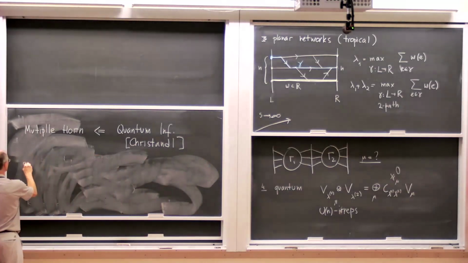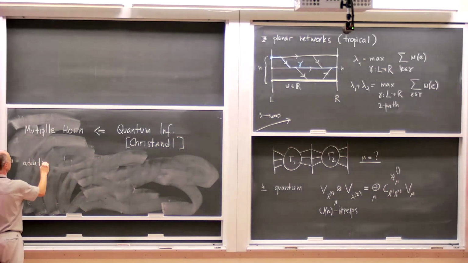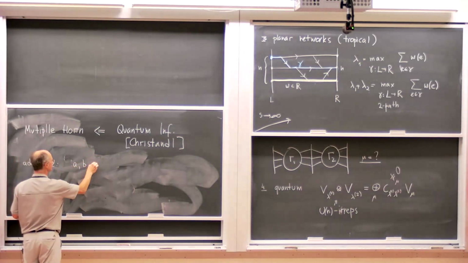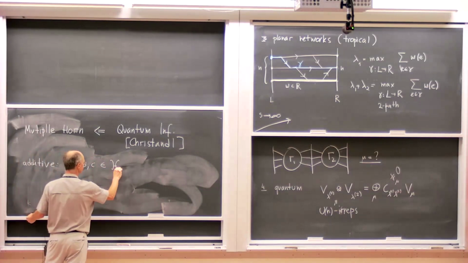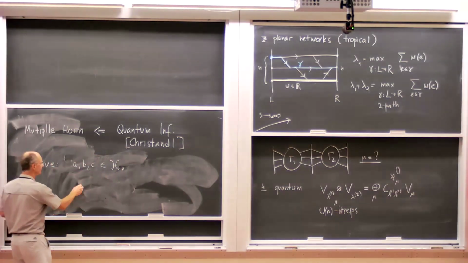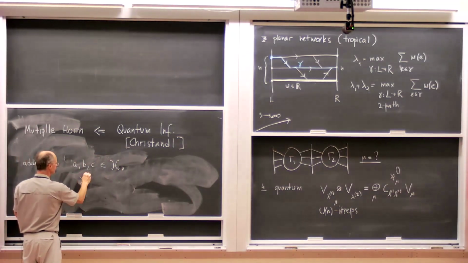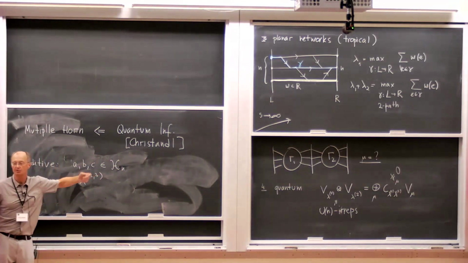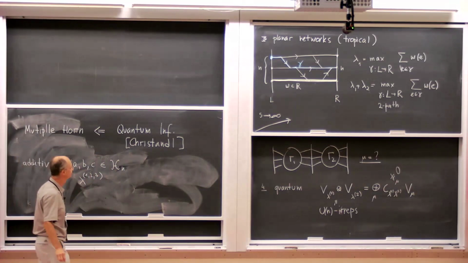And in the additive case, let me state it, we are now given a triple of Hermitian matrices. We fix their eigenvalues. So these are lambda 1, lambda 2, lambda 3, again, those n-tuples.